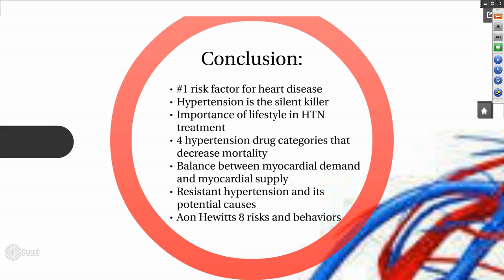We also talked about this balance, this equation between myocardial oxygen demand and myocardial oxygen supply, and balancing that equation helps prevent ischemia, right? We also went through some of the physics of what blood pressure really is, because some people never really think about that. Lastly, we talked about resistant hypertension. When someone's hypertension is resistant, what can we do? And lastly, these 8 risks and behaviors.